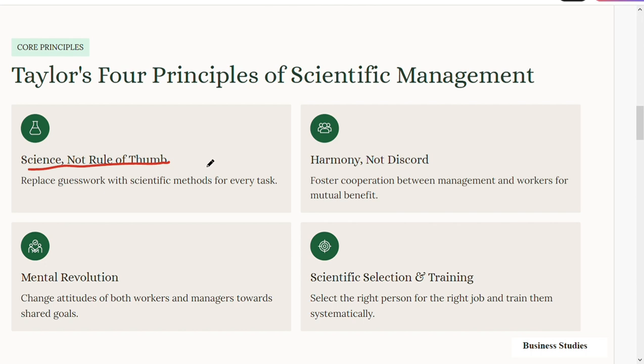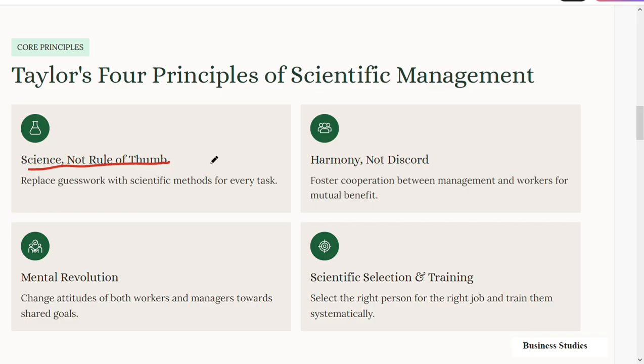All in all, if you have to write the definition, science, not rule of thumb says that as per Mr. Frederick Winslow Taylor, the work in the organization should not be done on the basis of pure guesswork and past experience.